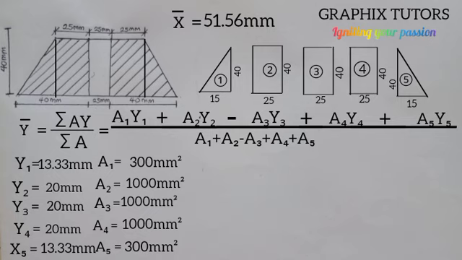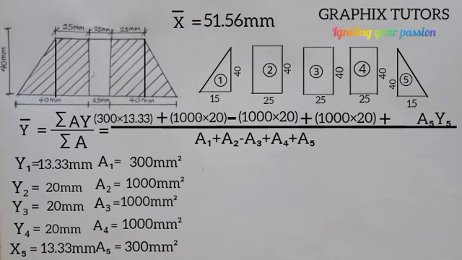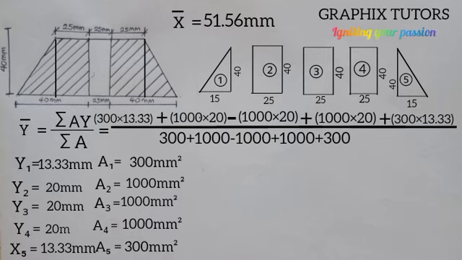So when you multiply, a1 y1 is 300 times 13.33, plus a2 y2, the a2 is 1000, the y2 is 20, minus a3 y3, the a3 is 1000, the y3 is 20, plus a4 y4, the a4 is 1000, the y4 is 20, plus a5 y5, the a5 is 300, and the y5 is 13.33, all divided by 300 plus 1000 minus 1000 plus 1000 plus 300. That is a1, a2, a3, a4 and a5.